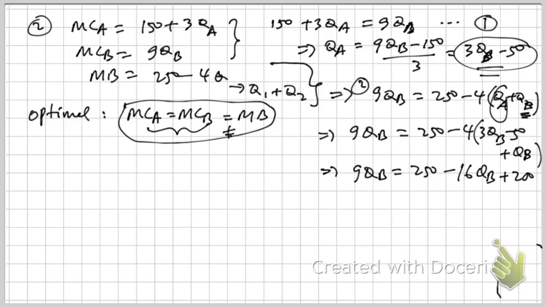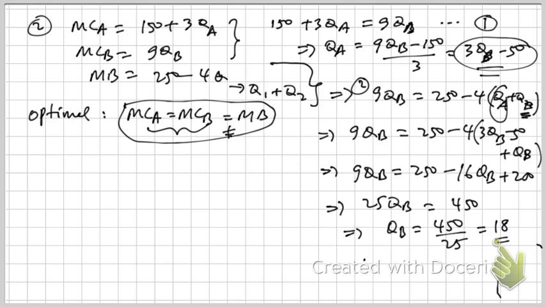Add 16 qb to both sides. This becomes 25 qb. Add 250 and 200. This becomes 450. Now divide both sides by 25. qb is equal to 450 divided by 25, which is equal to 18, I believe. That's good news. We got a simple answer.